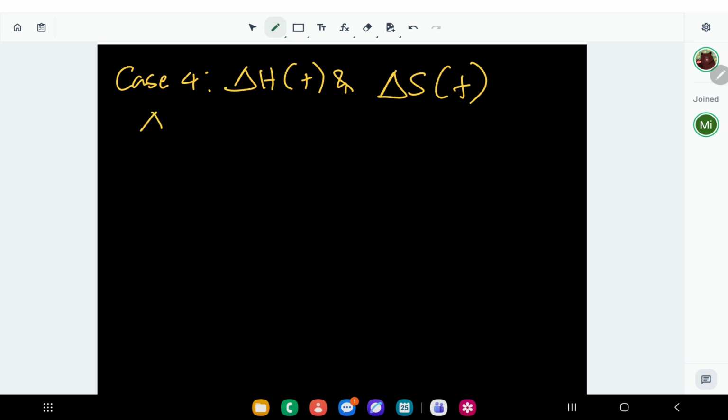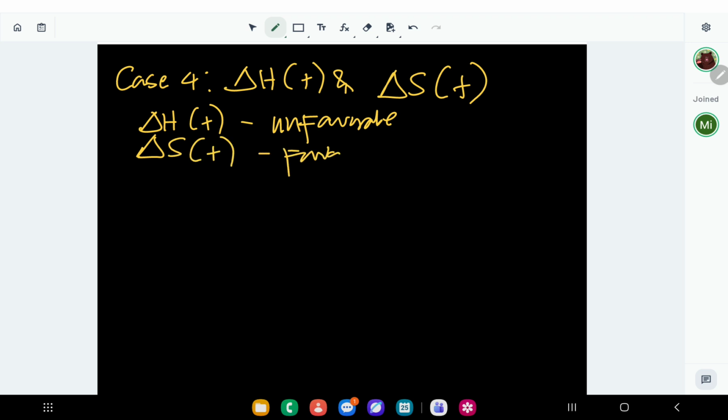Okay, so delta H positive, this is unfavorable, right, for positive. And delta S positive, this is favorable. Okay, the third case, spontaneous at low temperature, right? So in this case, spontaneous at high.